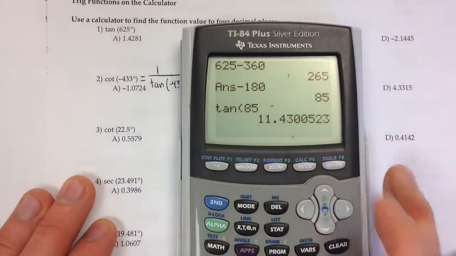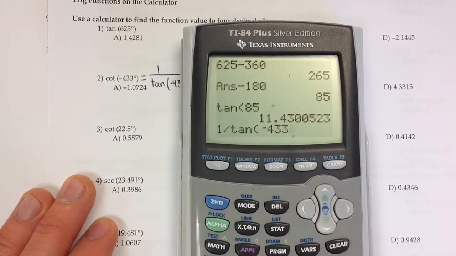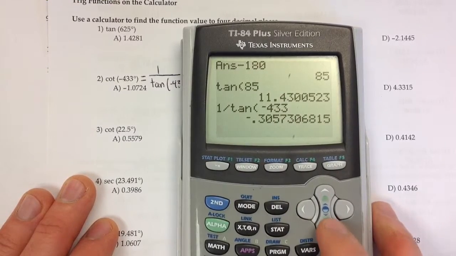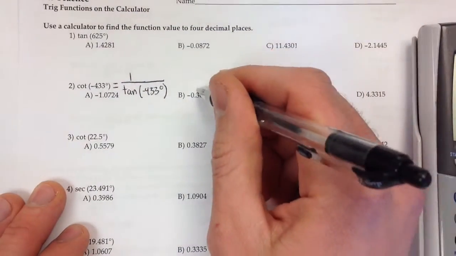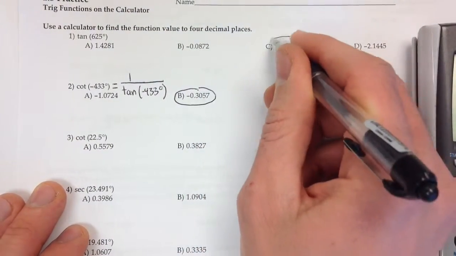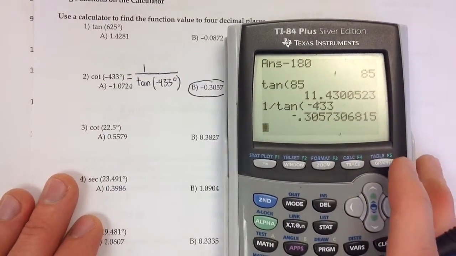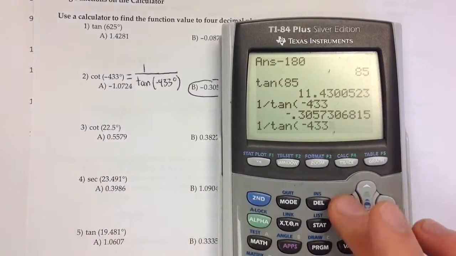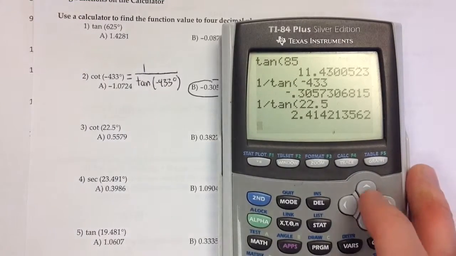Easy peasy lemon squeezy. 1 divided by the tangent of negative 433. Bam. Negative 0.306, which is choice B. Okay? Just stop me if you have a question. Another cotan, easy. 1 over tangent, this time 22.5. 2.4-ish.